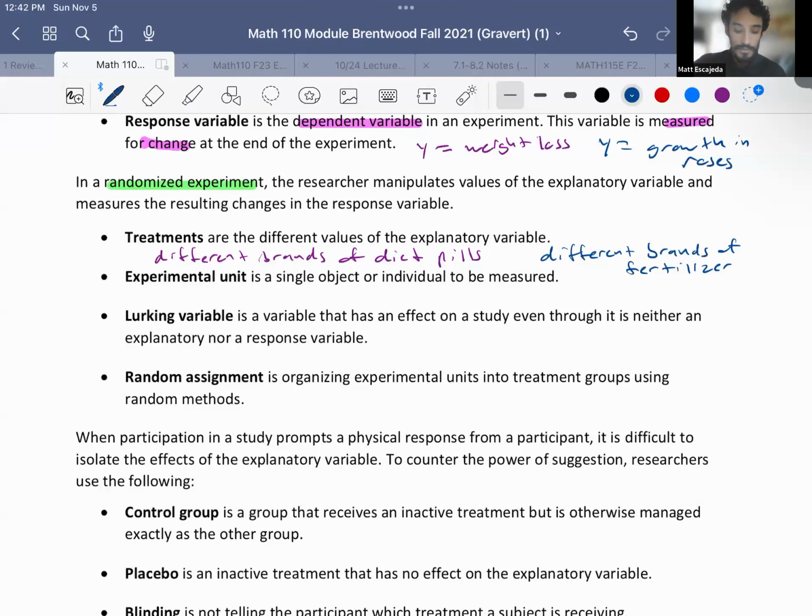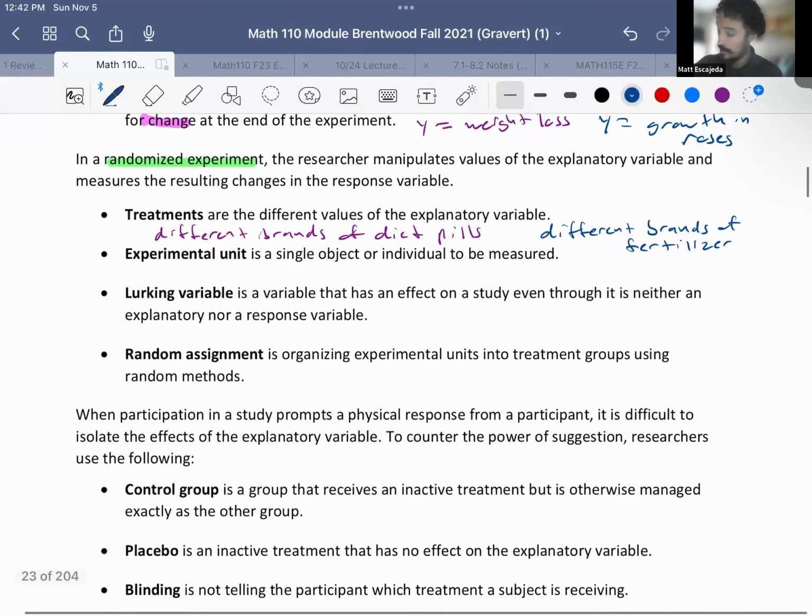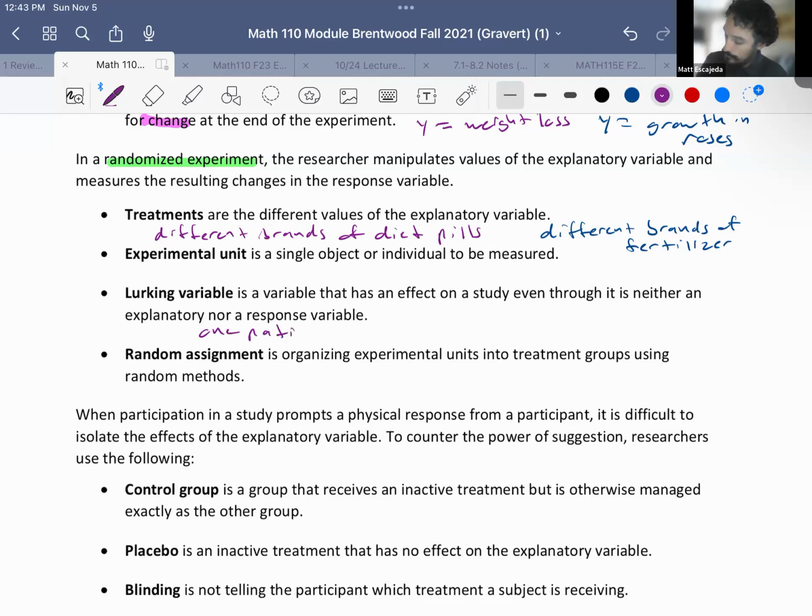So experimental unit is a subject, single object, or individual being measured. So in this case, this would be one patient, and one rosebush.